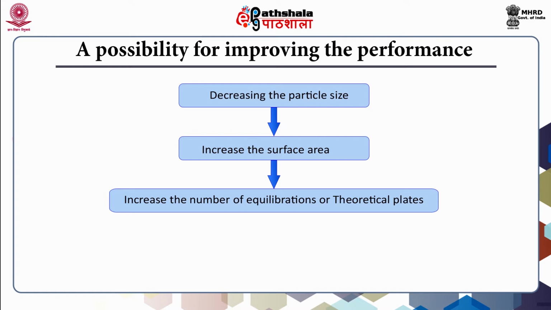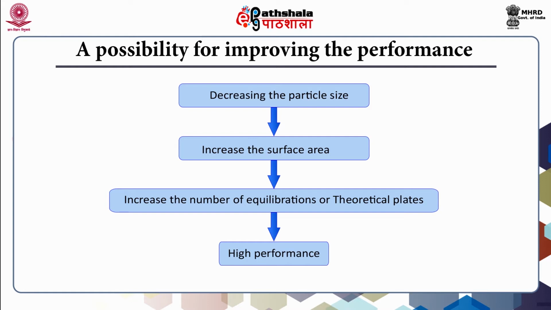So, increasing the number of equilibrations leads to effective separation of the molecules with great resolution and other chromatography performance parameters. So, finally, by decreasing the particle size, the performance of chromatography will be increased. This is one possibility to improve the performance of the chromatography.